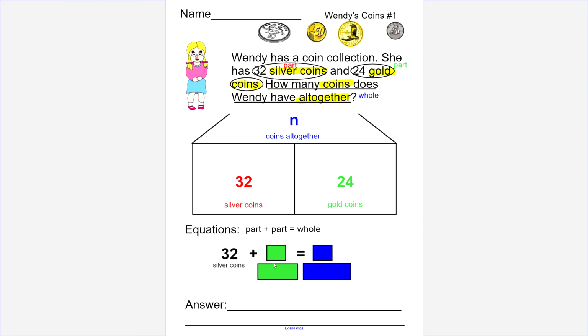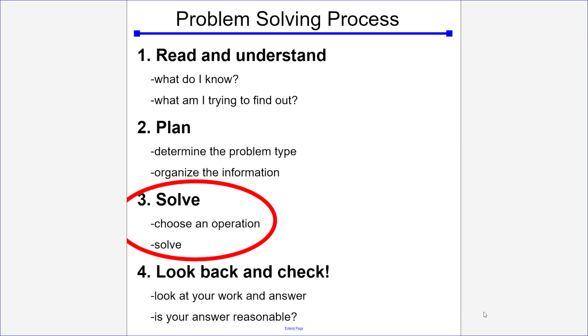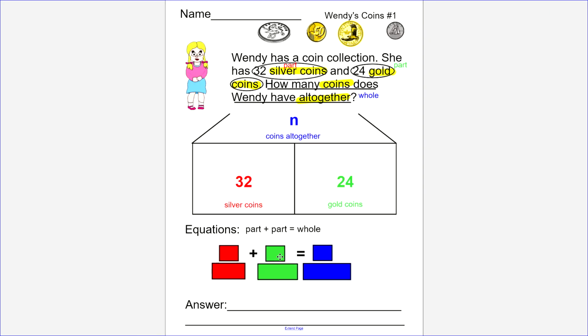Think, what is the other part? We know that we're writing a part plus part equals whole equation. So what is the other part in the story problem? What will we add to 32? You're right.